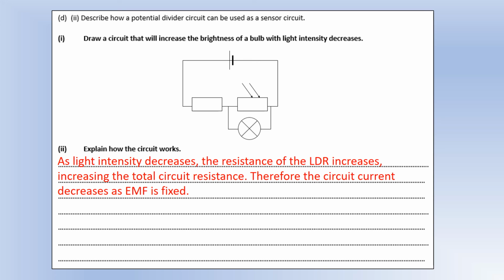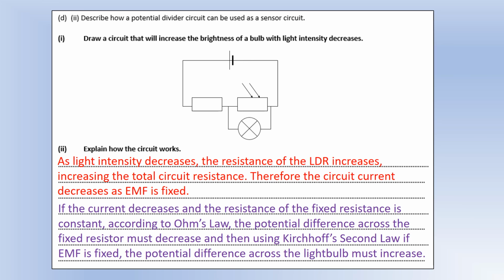So the way it works is as light intensity decreases, the resistance of the LDR increases, and what that's going to do is increase the total resistance and therefore decrease the current in the circuit. And then if the current decreases, the potential difference across the fixed resistor decreases. So using Kirchhoff's second law, that must mean the potential difference across the light bulb would increase.